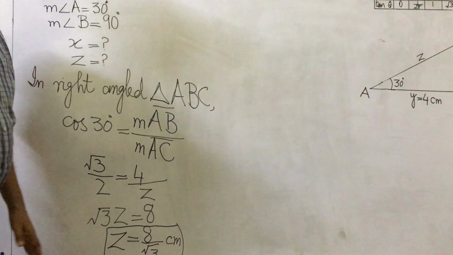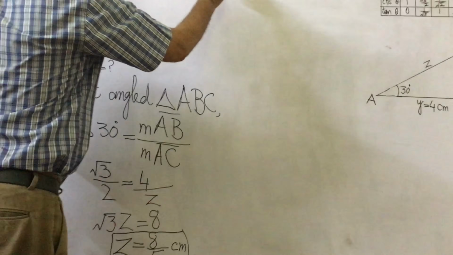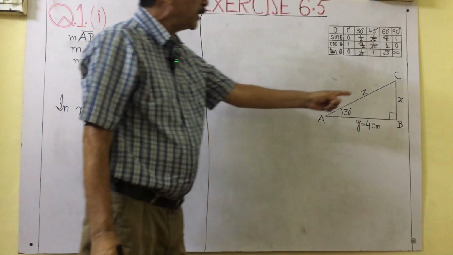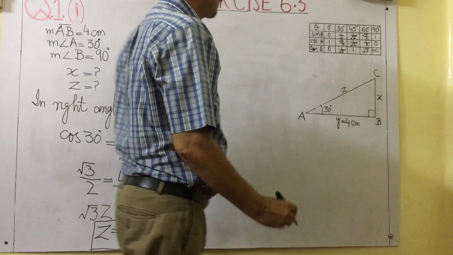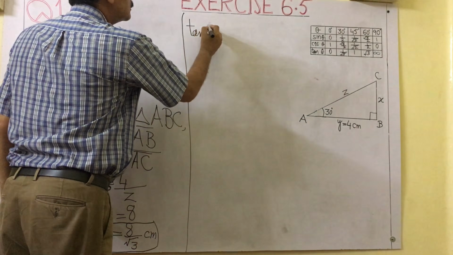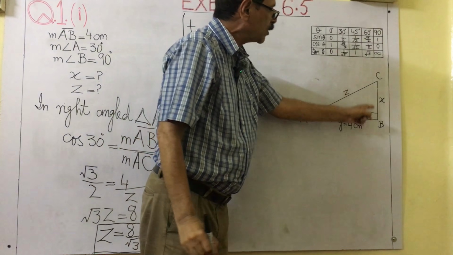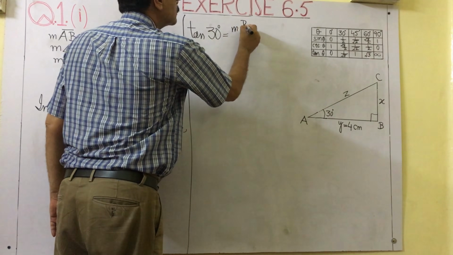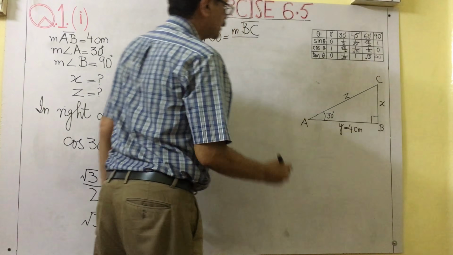Now let us find the value of X. Again, in right angle triangle ABC, tangent of 30 degrees is equal to perpendicular over base.